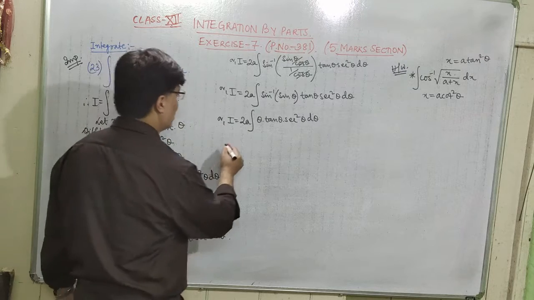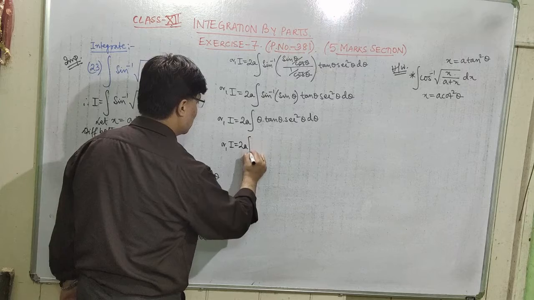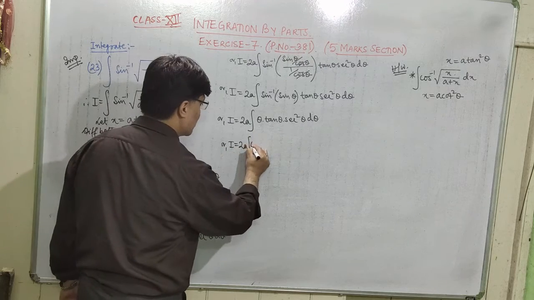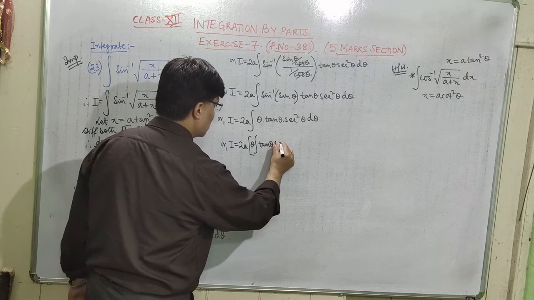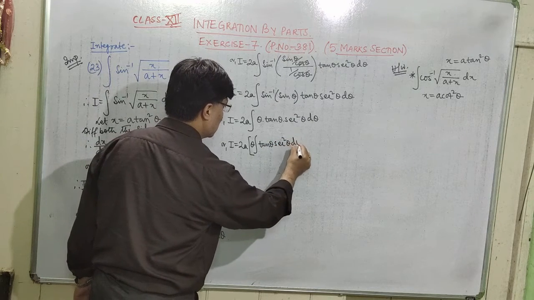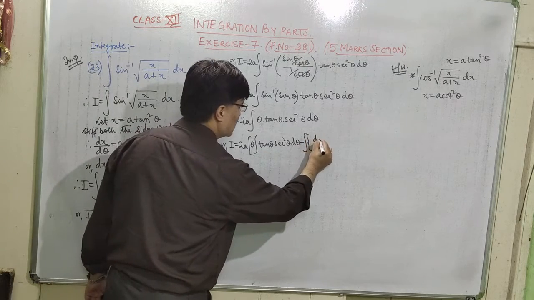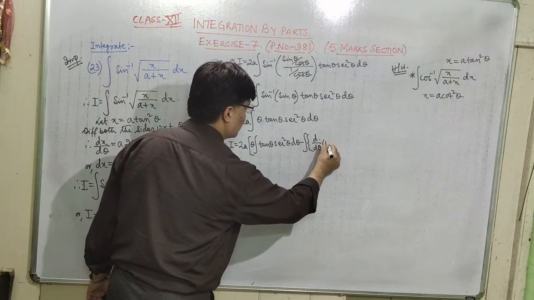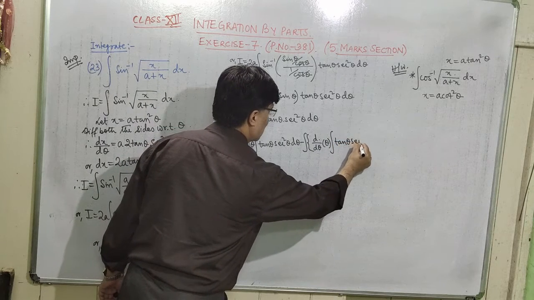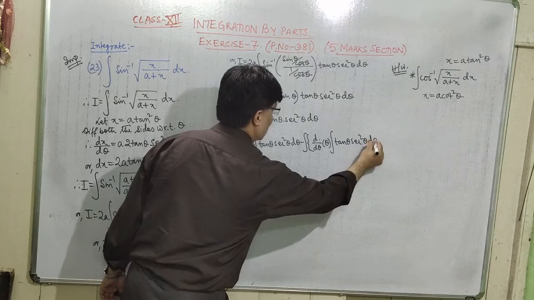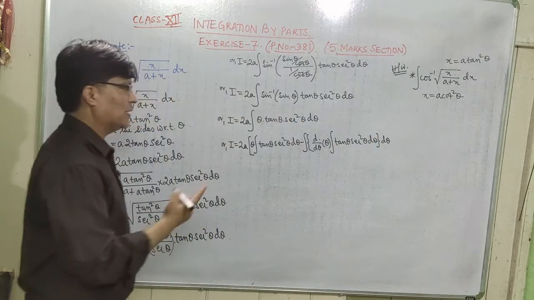So now let us use integration by parts, and here there is 2a. Within third bracket use by parts: theta is the first function taken outside, integration of tan theta sec square theta d theta, minus integration of second bracket, this is d by d theta of theta, integration of tan theta sec square theta d theta, second bracket closed, then d theta.